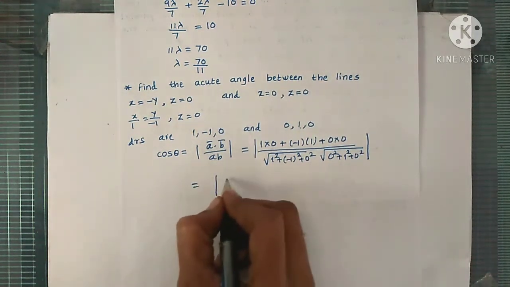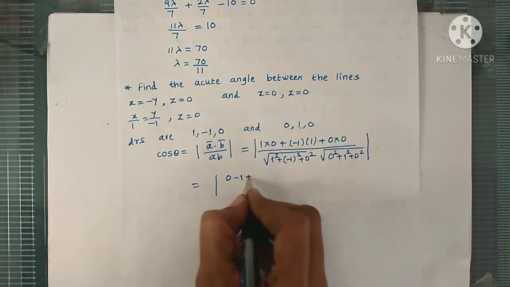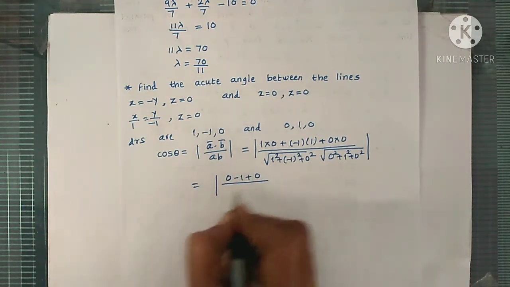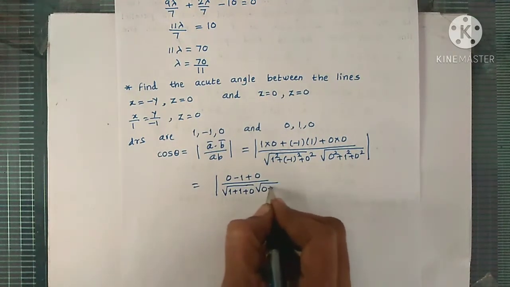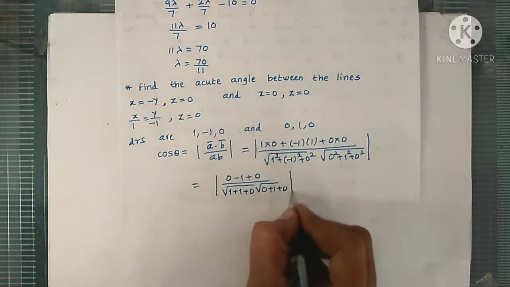So that is equal to 0 minus 1 plus 0 over root 1 plus 1 plus 0, and here we have 0 plus 1 plus 0.